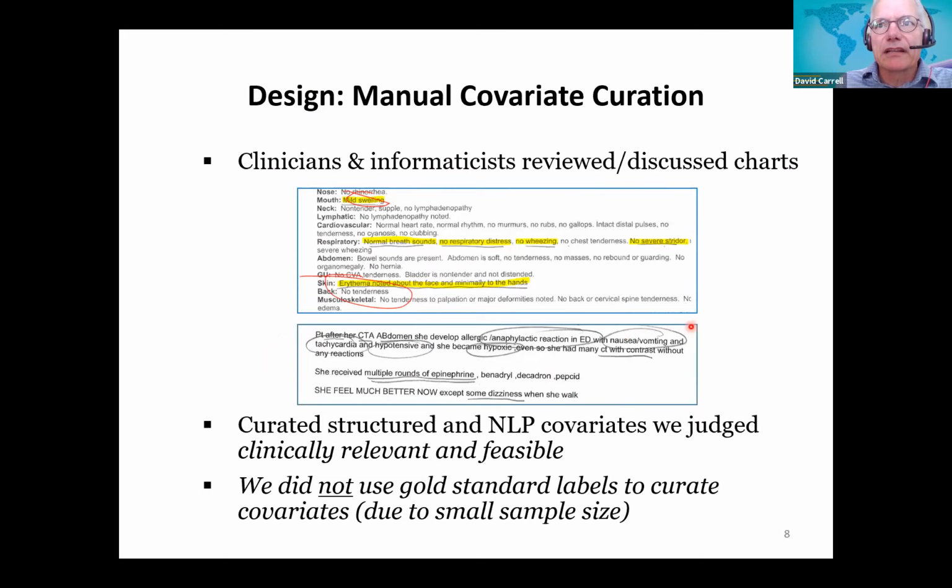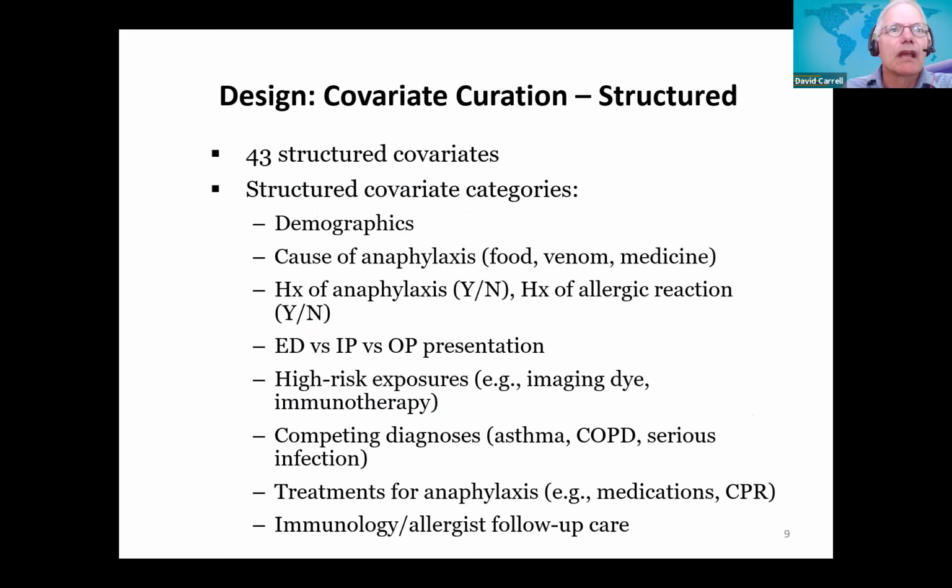And so we actually also operationalized some covariates to try to indicate when this really dense presentation of information relevant to anaphylaxis was appearing in the notes. And then we operationalized those variables that we felt were most relevant. The structured data covariates we operationalized, there were 43 of them: demographics, the cause of anaphylaxis, presentation setting, and so forth.